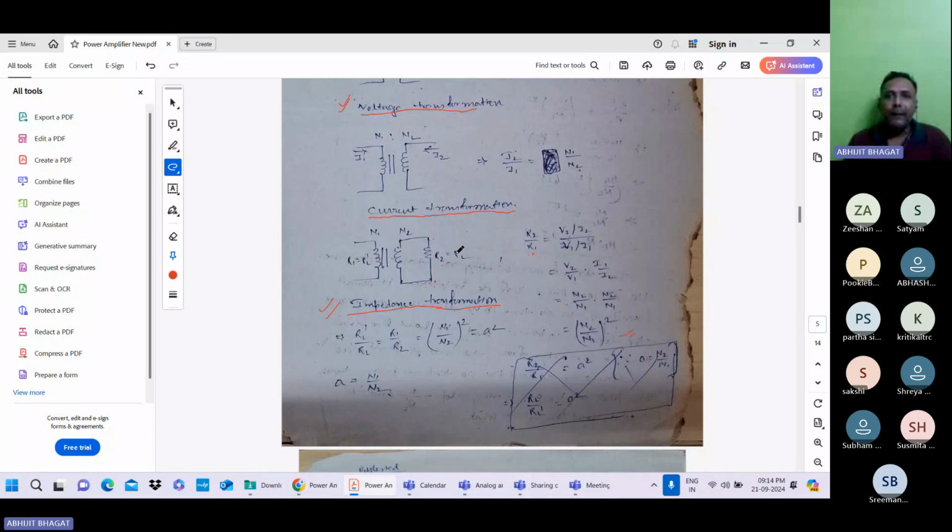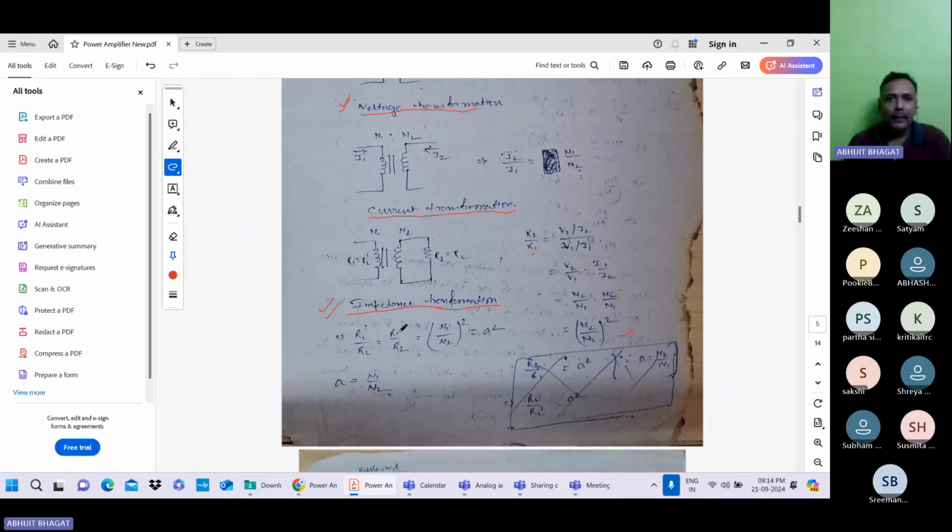Okay, that means if you put the RL across the secondary side, what will be the effect of this RL across the primary side? Suppose it is R1 or RL dash. You will get the relationship R2 by R1 equals N2 by N1 whole square. Now suppose RL dash is the resistance across the primary side and RL is the load resistance.